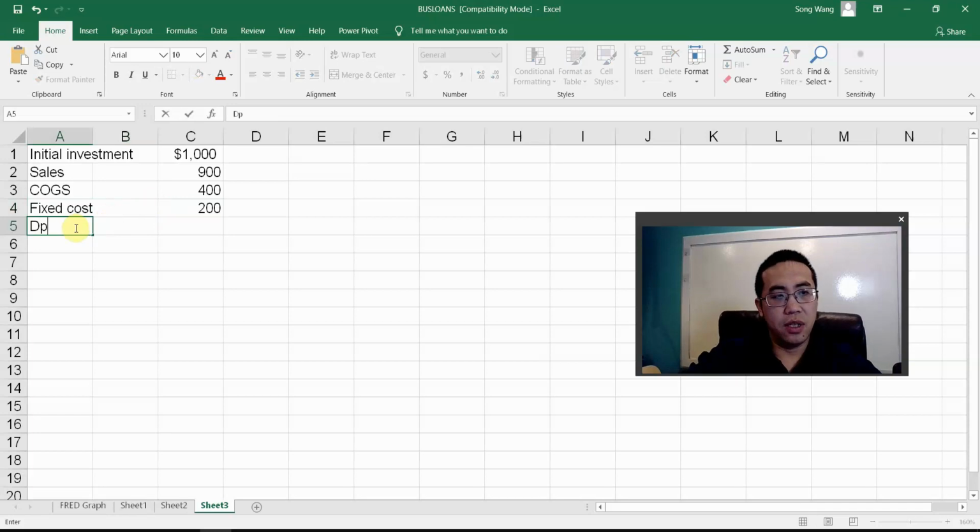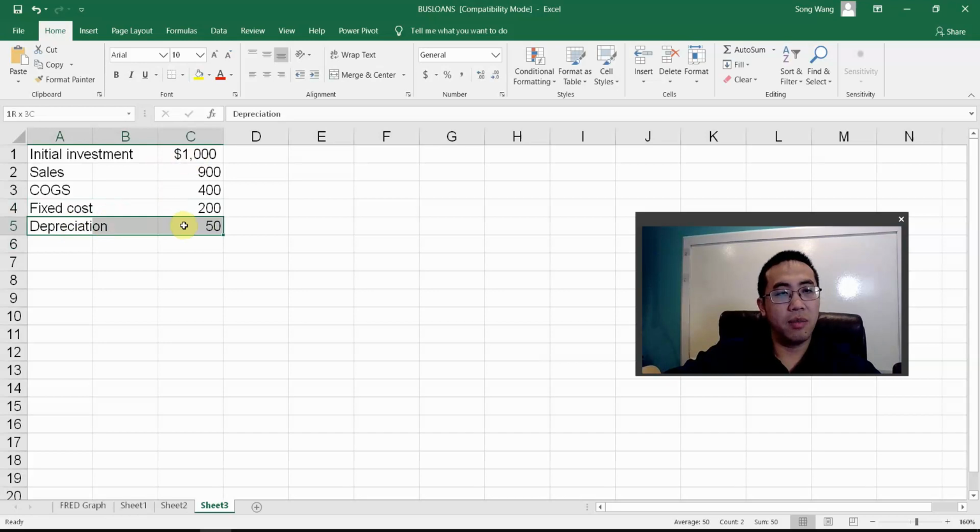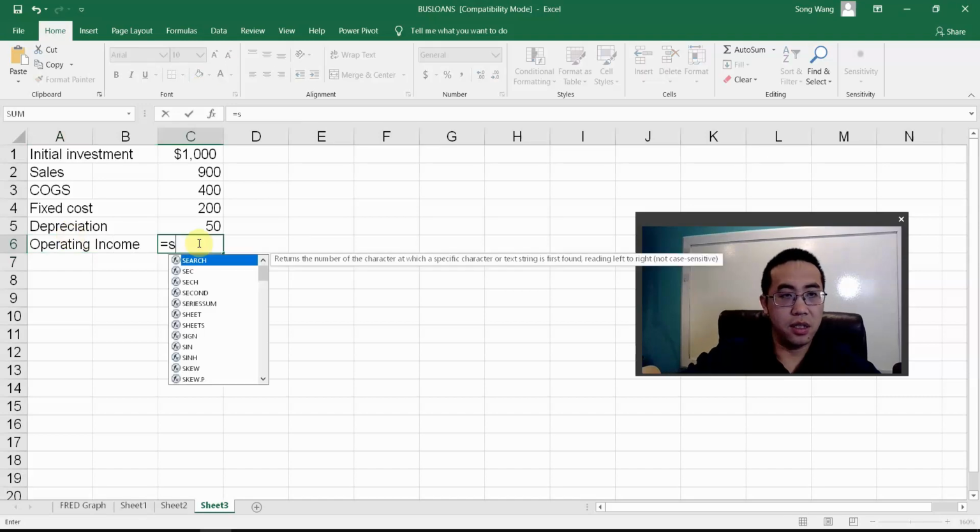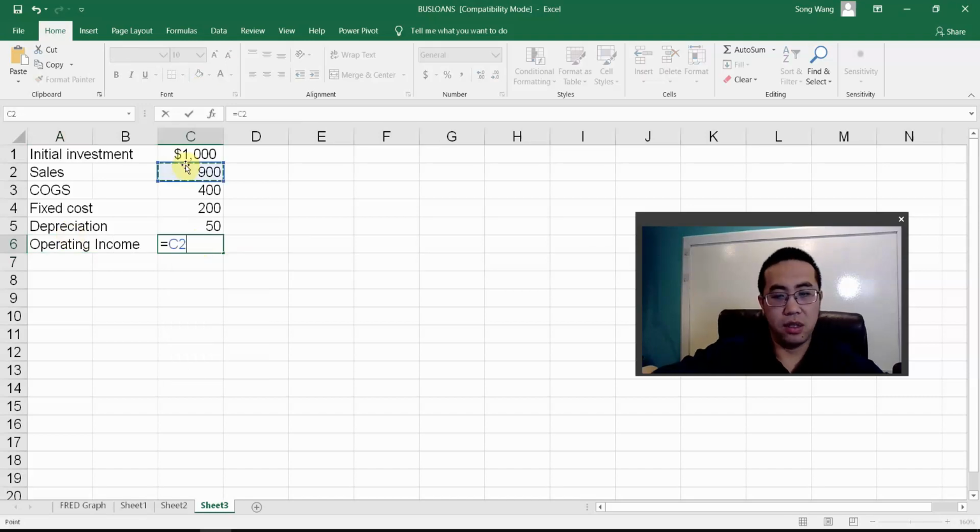And then I need to deduct depreciation. Let's say it's 100. That's too much, 50. And then I will get my operating income, which I can calculate. It is sales minus cost of goods sold minus fixed cost minus depreciation.